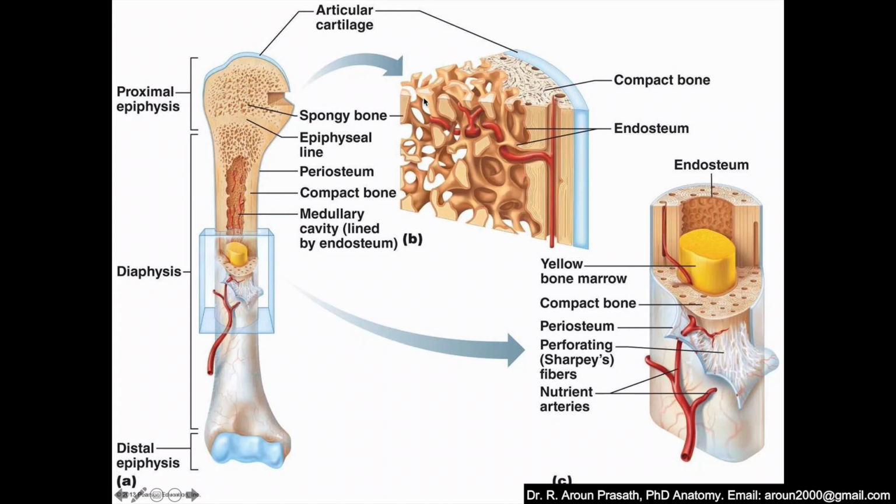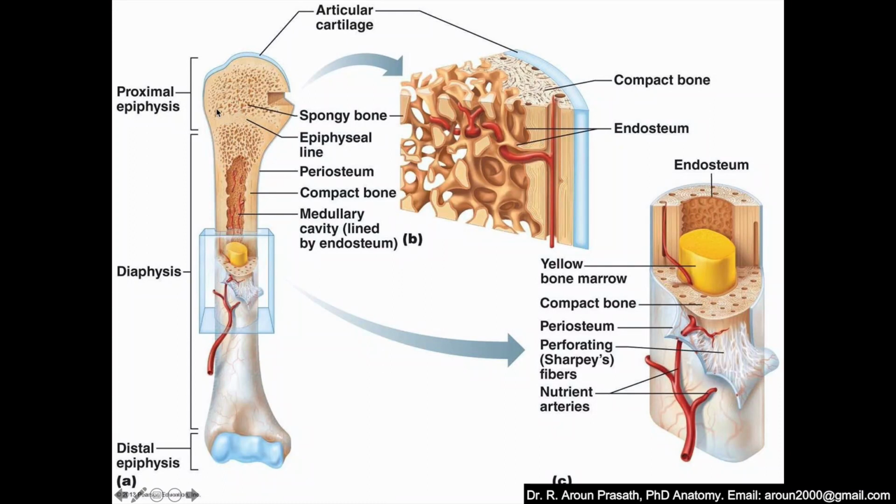The ends of the long bone are always called the epiphysis. The shaft of the long bone we call the diaphysis. The epiphysis is connected to the diaphysis by the epiphyseal line, also called the epiphyseal growth plate.